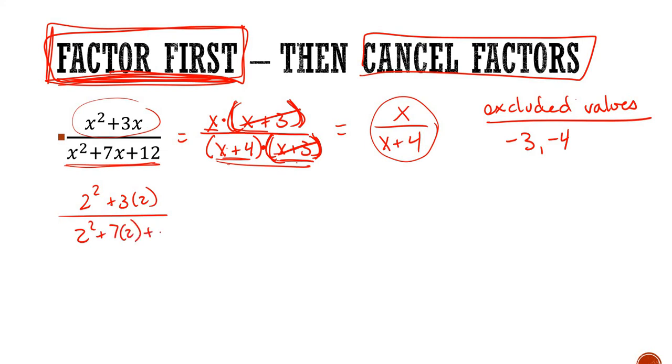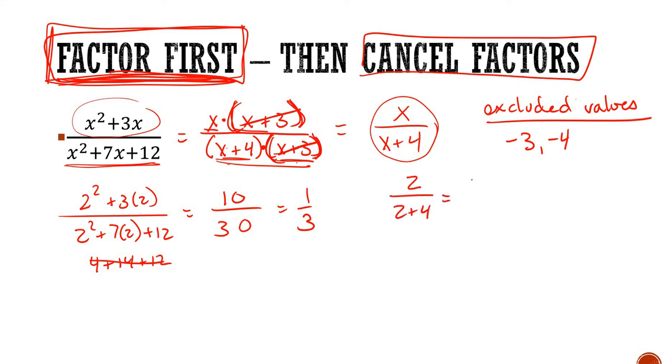So let's try that. Let's say that x equals 2. My original would be 2 squared plus 3 times 2 over 2 squared plus 7 times 2 plus 12. That's 4 plus 6 on top, which is 10. That's 4 plus 14 plus 12 on the bottom.